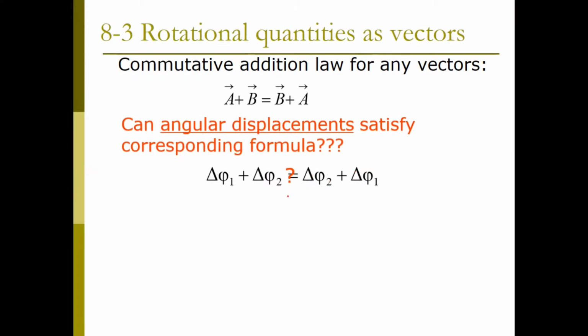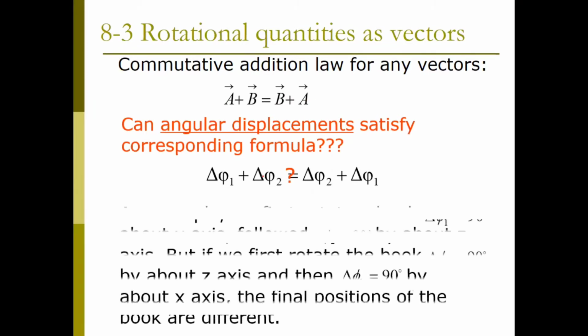So, pwede ba nating iparehas to dito sa vector A plus vector B is equals to vector B plus vector A? Tingnan po natin as we go along with our discussion.